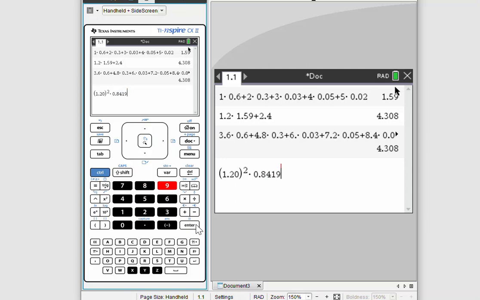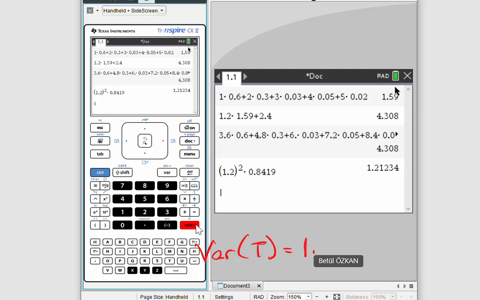Okay, this will be our answer directly, which is 1.21234. So in order to get three significant figures, our answer will be variance of t equal to 1.21 when we round this number. Okay, this will be our answer.